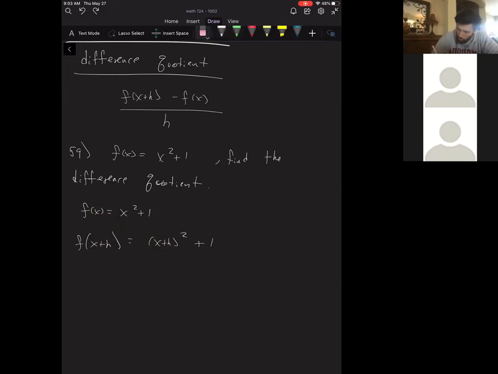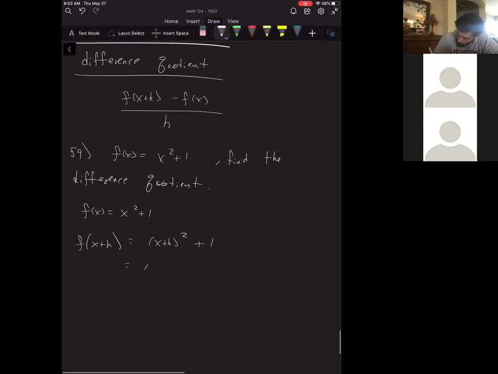So now let's do a little bit of simplifying. X plus h squared, if we were going to FOIL that out, we would get x squared plus 2xh plus h squared plus 1. Or maybe we could just do it off to the side. So if we were going to do x plus h, you know, we do our FOILing.